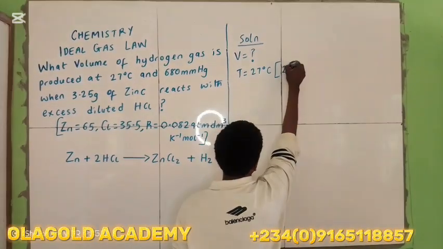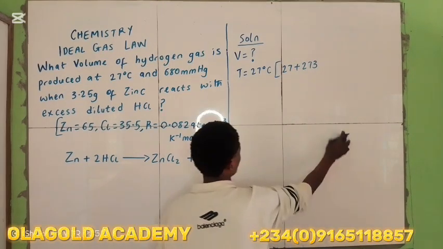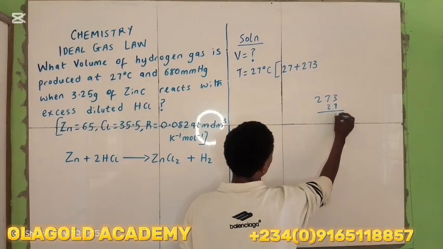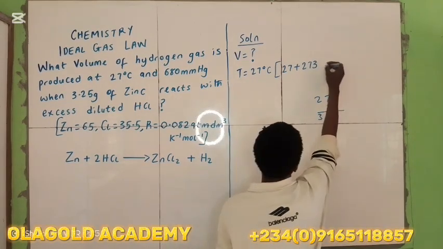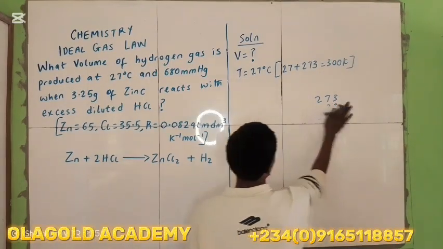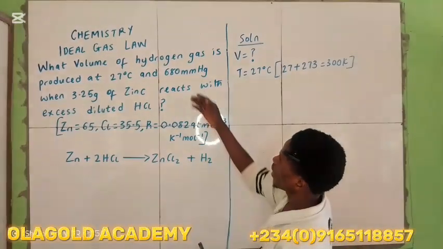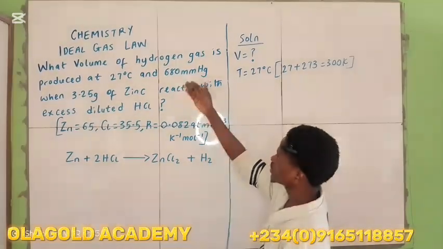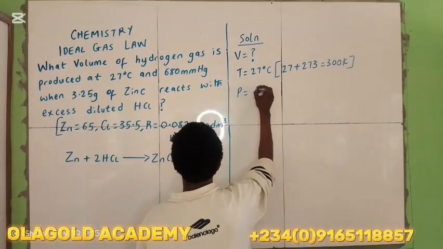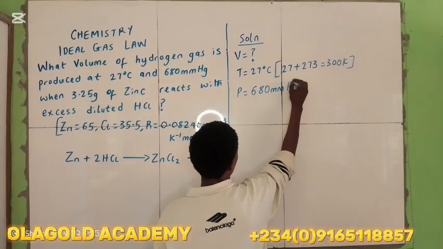So we have 27 plus 273. If we add this, we are going to get 300 Kelvin. Furthermore, the pressure is 680 millimeter mercury.